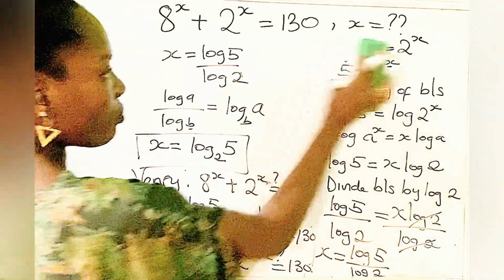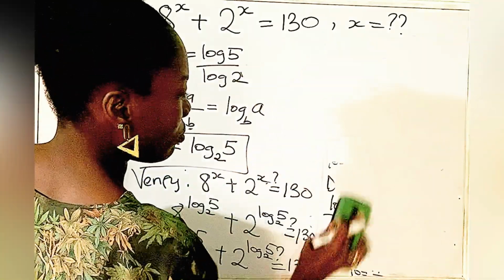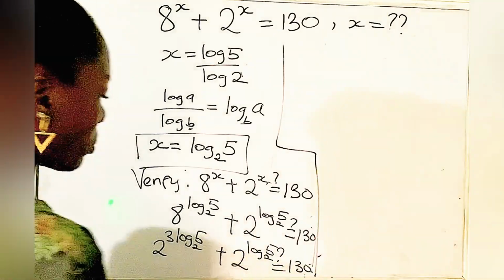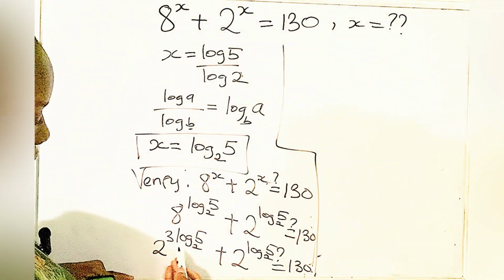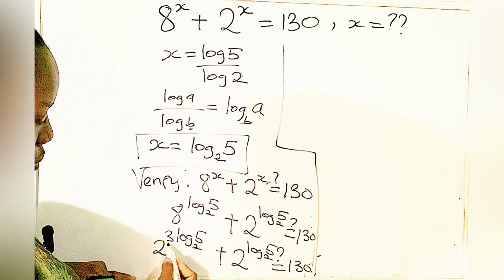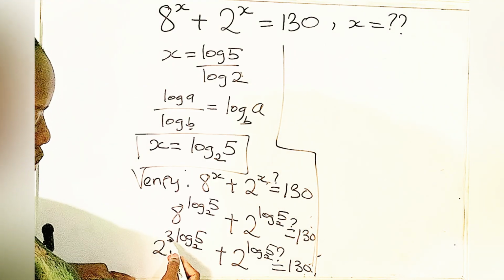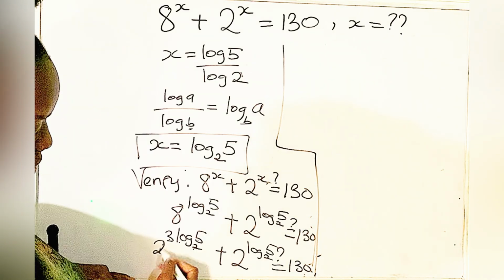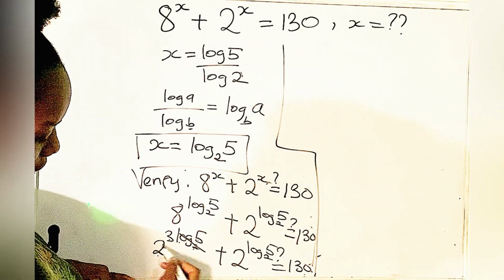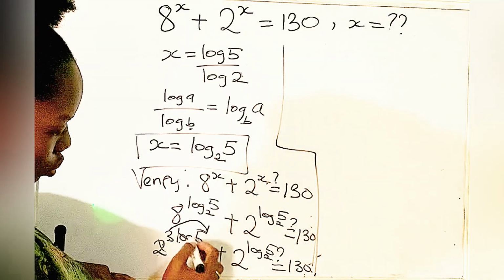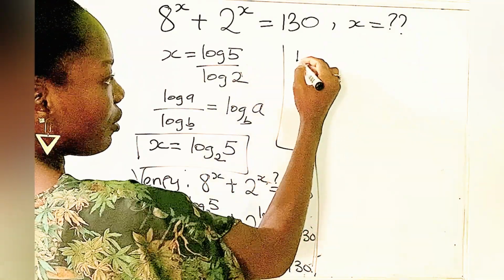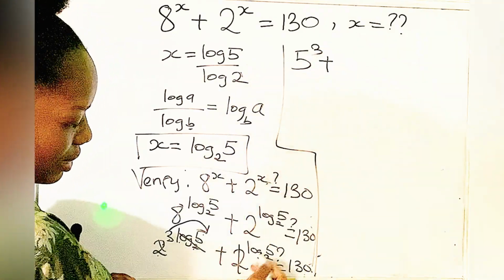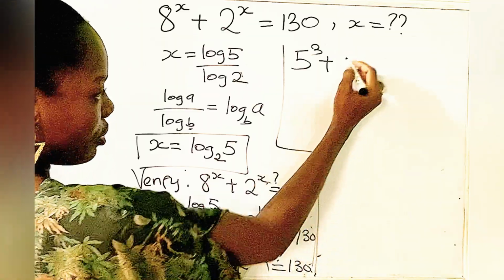Okay, now you see that you have 2 to the power of, 2 to the power of 3 log 5 base 2. Now when you have this and this the same, they can cancel, so this 3 comes up here as a power. So we now have 5 to the power of 3 plus, same thing applies, this cancels this, here we have 5.